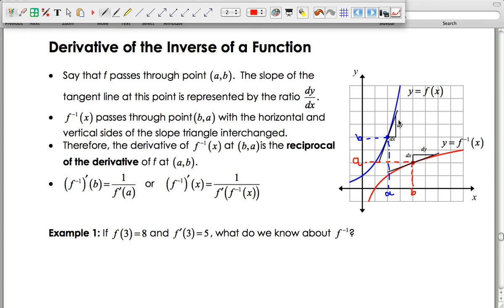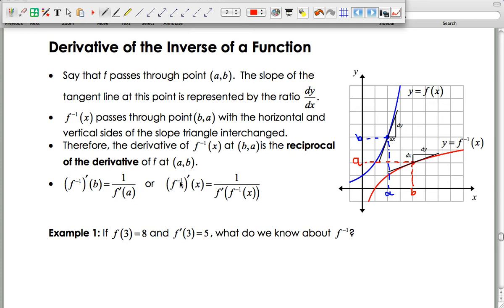If we notice, the slope of the tangent line here would be the reciprocal of the slope of the tangent line here. If this is dy over dx, this would be dx over dy. But those are the derivatives. So we can say, therefore, that the derivative of the inverse function at b, comma a is the reciprocal of the derivative of f of x at a, comma b.